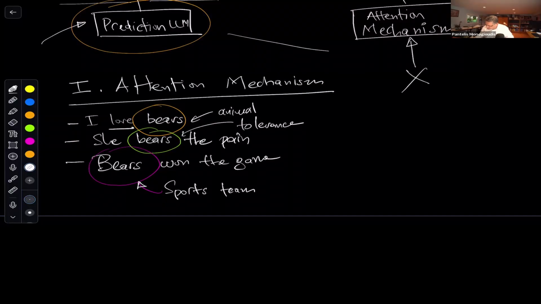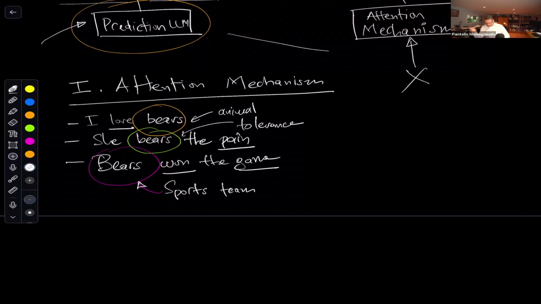In the second sentence, probably the pain is associated with that role, providing that meaning to the token bears there. And then probably both tokens, both won and game, are responsible in the third sentence to associate bears with the sports team.